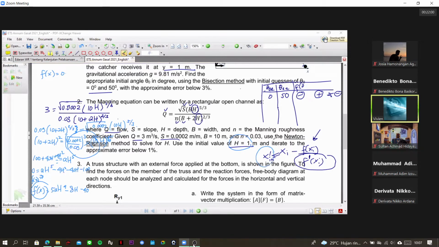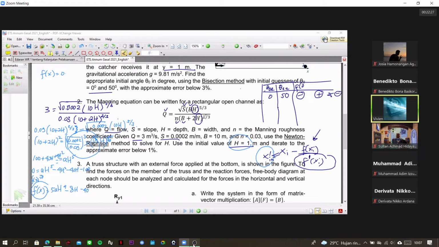And then we should check for the error as well. Based on my calculation, we have to get below 1%. Now this depends on how many significant digits you use. Some may get the result in 3 iterations, and others may need 4 iterations to reach an approximate error below 1%.